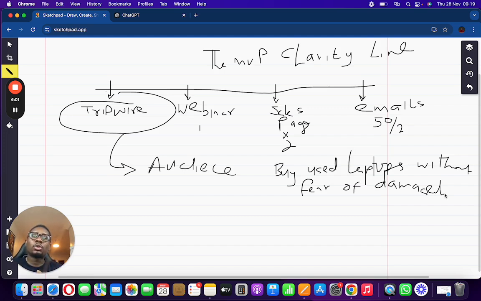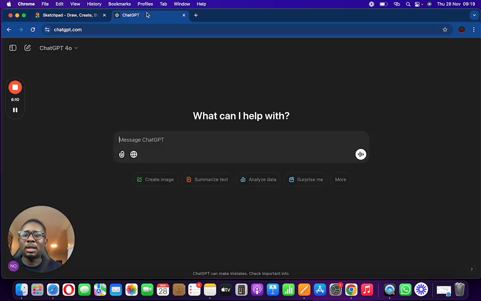The first thing we want to do is to really, really understand this audience. And the way to do that is to ask ChatGPT. So we're going to go to ChatGPT. And the reason why ChatGPT works is because ChatGPT is a collation of different data that has happened on the internet.